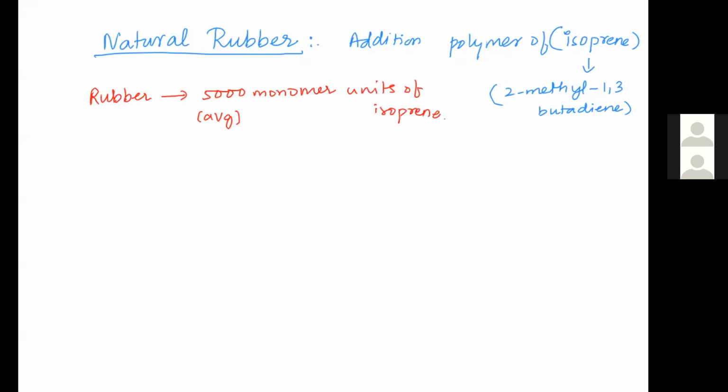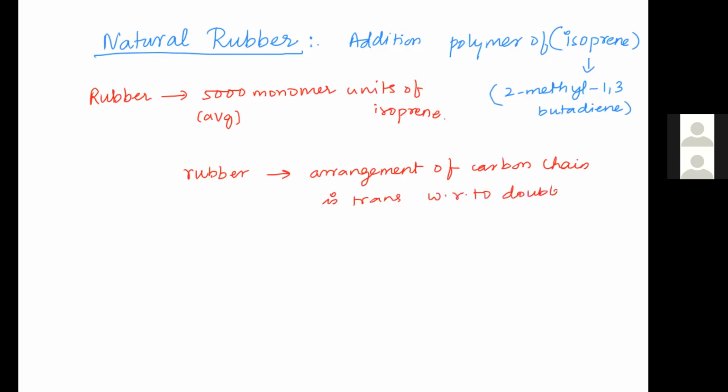So when you have an arrangement of the carbon chain in the rubber that is trans with respect to the double bond, you know what is cis and trans, then you call this GUTTAPERCHA.